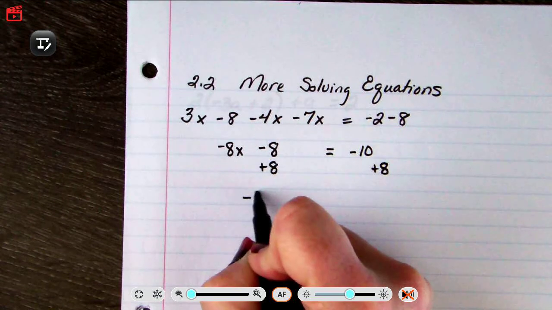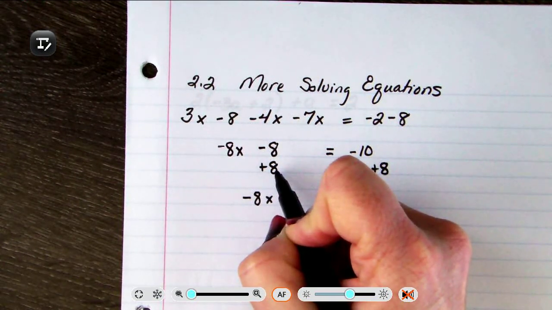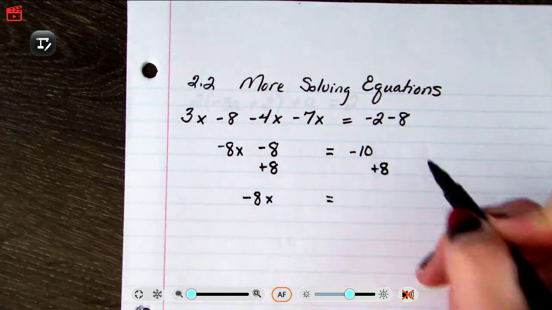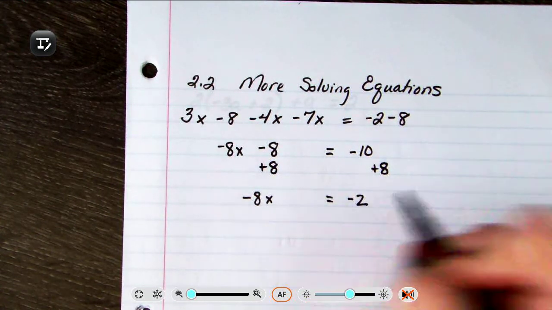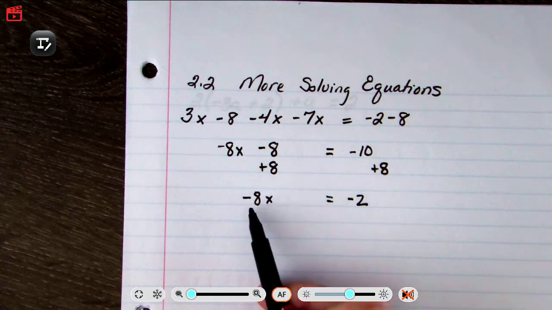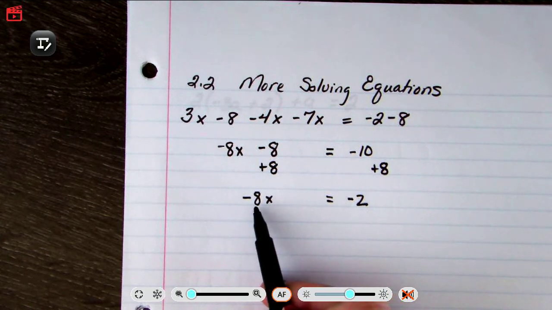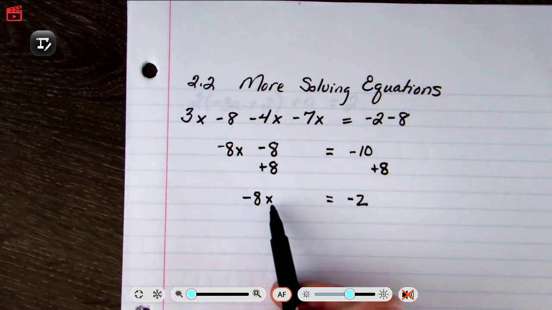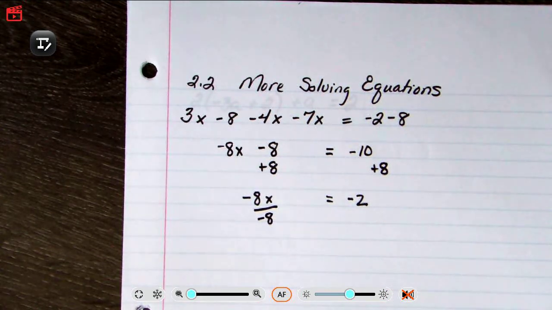So this gives me a negative 8x. These guys would be plus 0, so I do not need to write that. And a negative 10 plus 8 is negative 2. And now we have to undo this operation here, and we have a negative 8 times x, so we need to divide to peel away that negative 8.